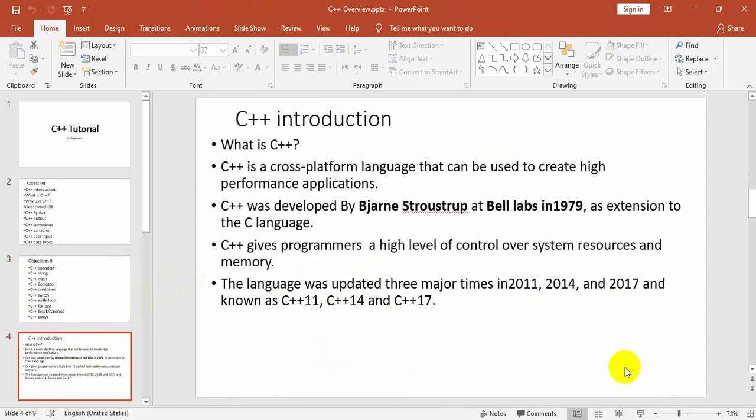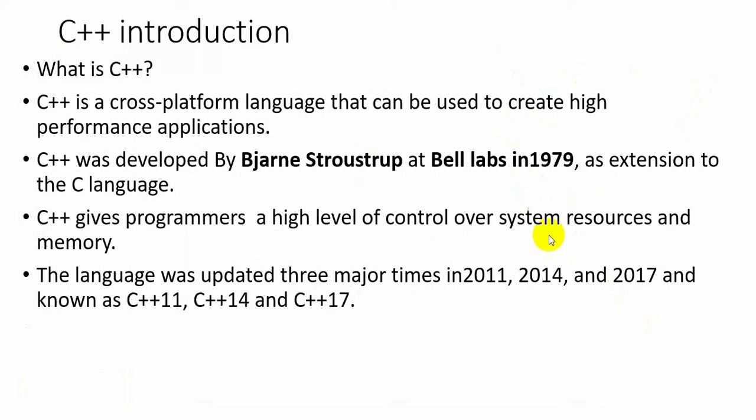We will start with the introduction of C++. So what is C++? C++ is a cross-platform language that can be used to create high-performance applications. C++ was developed by Bjarne Stroustrup at Bell Labs in 1979 as an extension to the C language.